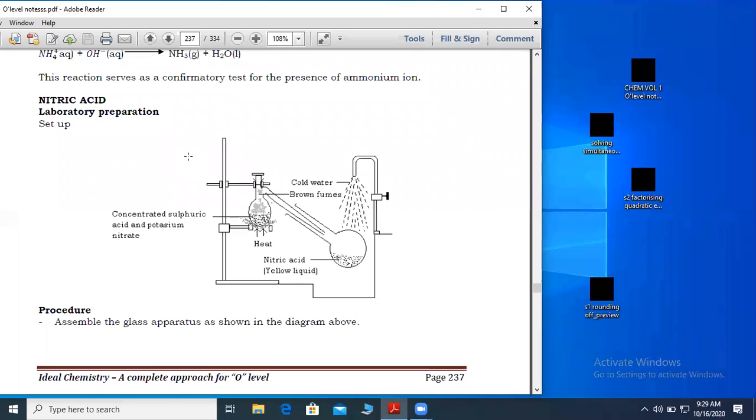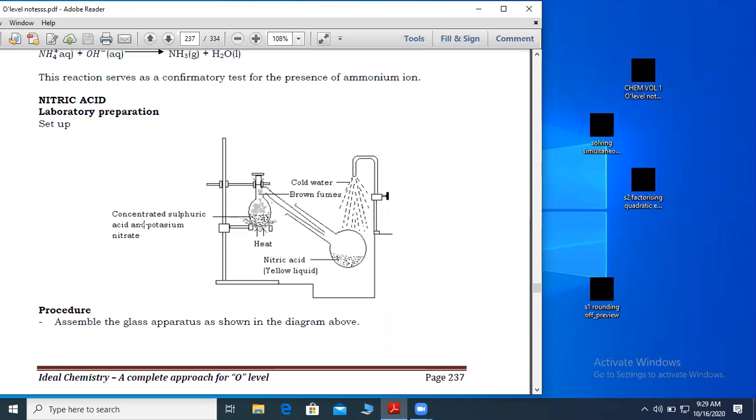So, in our laboratory, to prepare nitric acid, we use concentrated sulfuric acid. Get your pen and book and write some important notes so that you don't forget, although they are in the notes here. So in the laboratory, we use concentrated sulfuric acid and potassium nitrate.